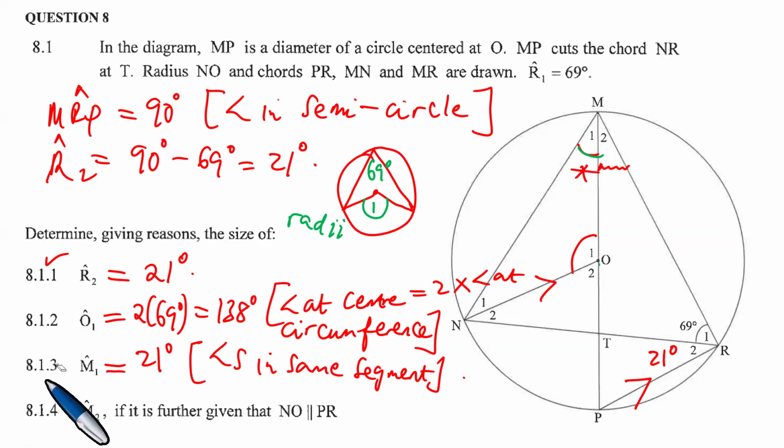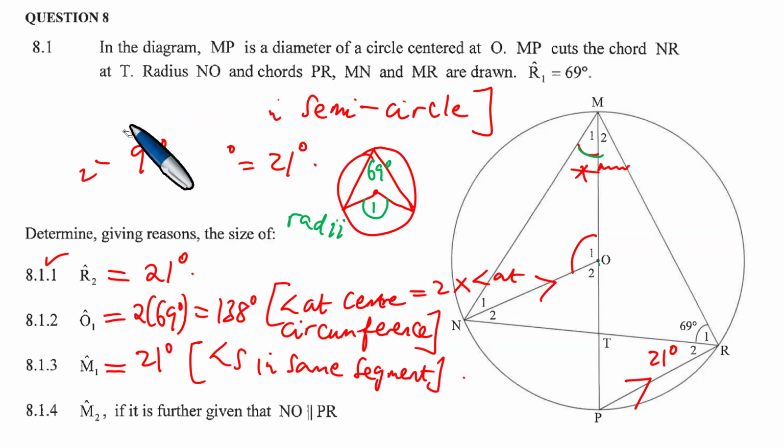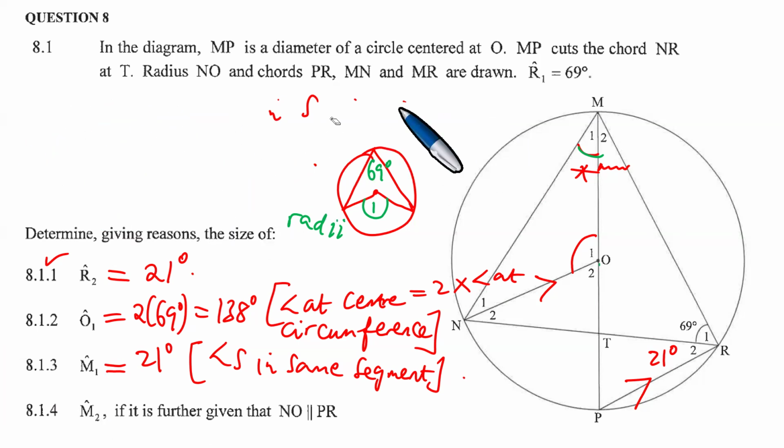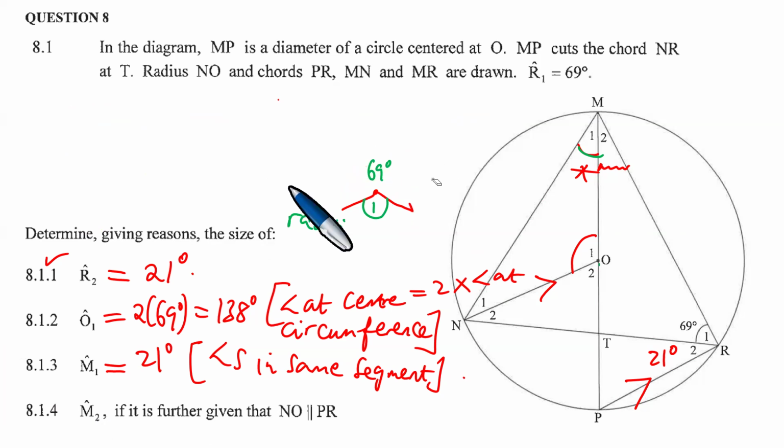Let's dissect this together. Let me create a bit more space here. I want us to show the steps on how to find the size of the angle M2. I remove all this stuff. We want to find the size of the angle M2. But it helps to put the other angles, like R2. The O1 is 138 degrees.